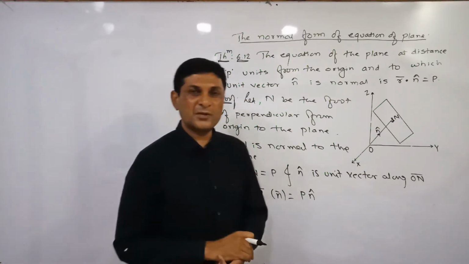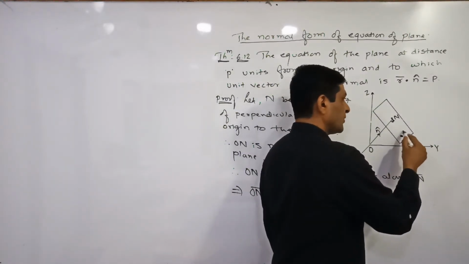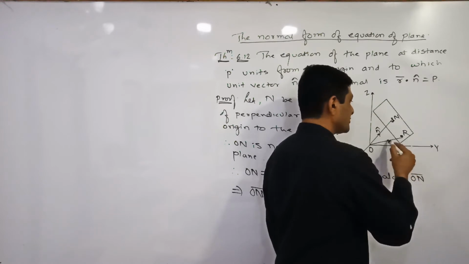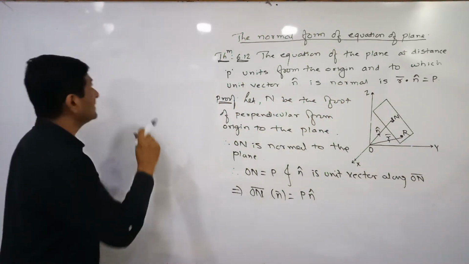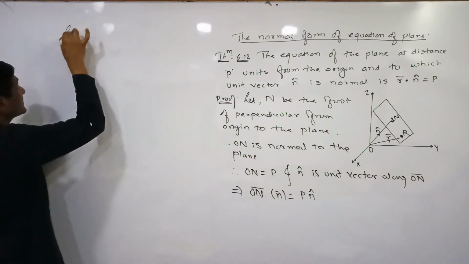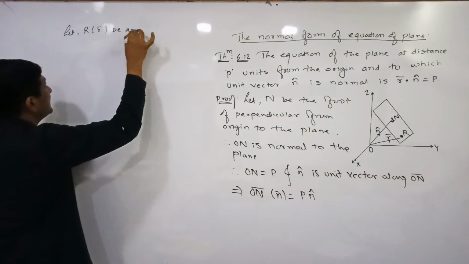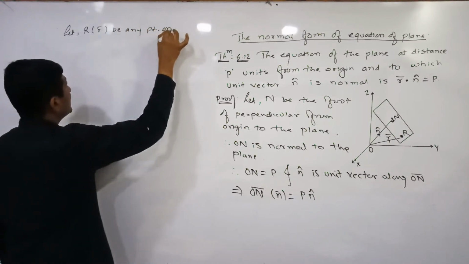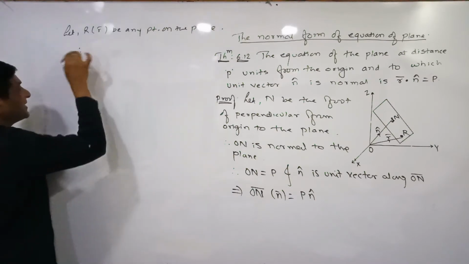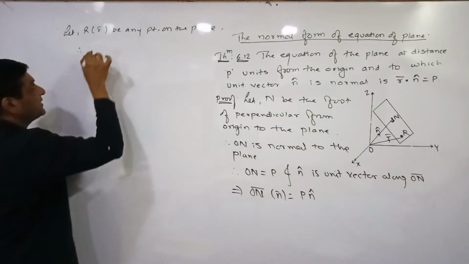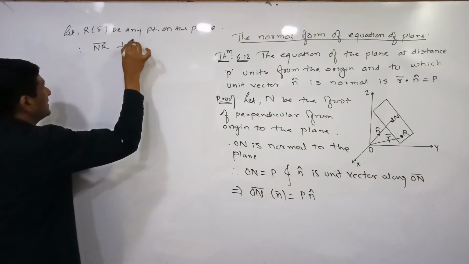Whenever we are finding the equation of a plane, we consider any point on the plane. Let us denote any point on the plane by R and its position vector by R bar. So here I am supposing that R, having position vector R bar, be any point on the plane. Therefore, if you observe this figure very carefully, can I say that NR bar is perpendicular to N cap?